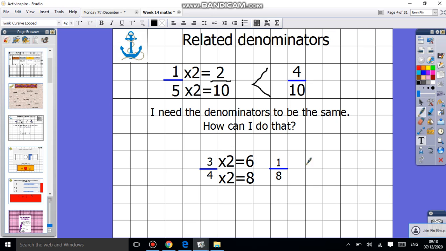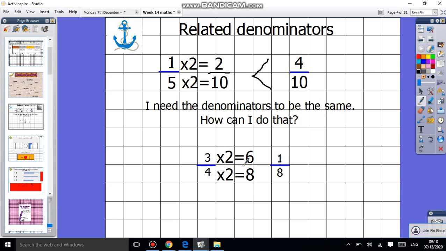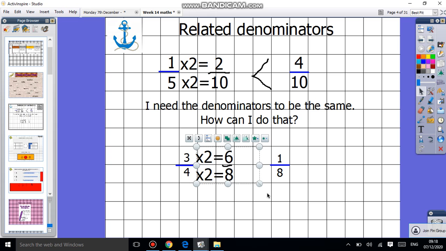So now I've got 3/4 is equal to 6/8. And which is bigger, 6/8 or 1/8? Well, that's nice and clear to see. 6/8 is bigger, so my crocodile would want to eat that fraction.